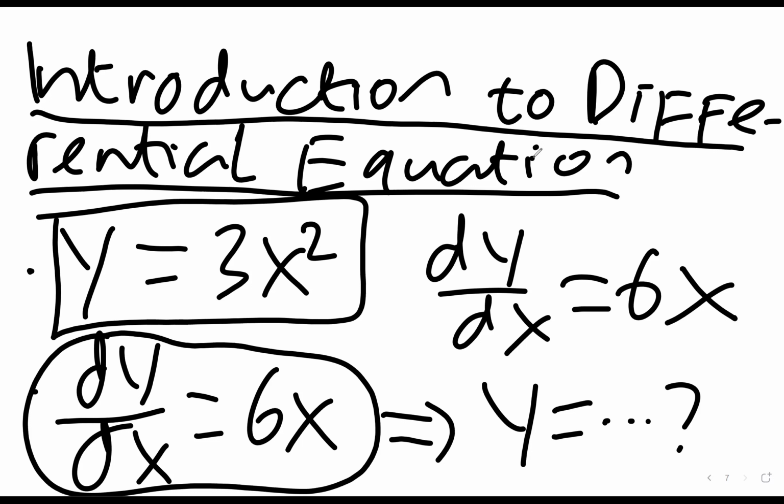Of course, if we consider this kind of equation, then the solution will be an antiderivative, right? Obviously, the answer to this question will be y equals 3x squared plus some constant C.